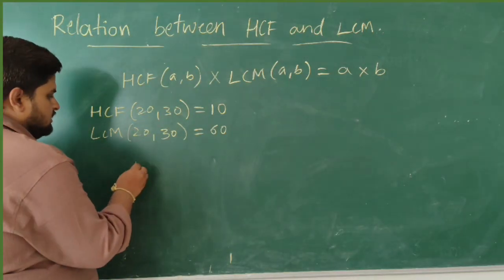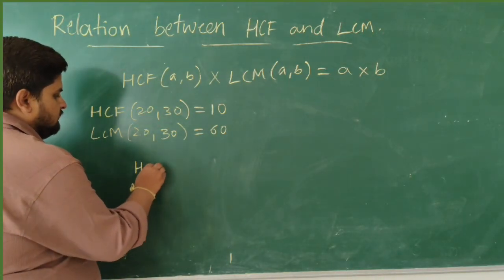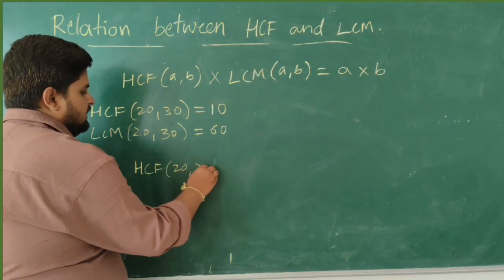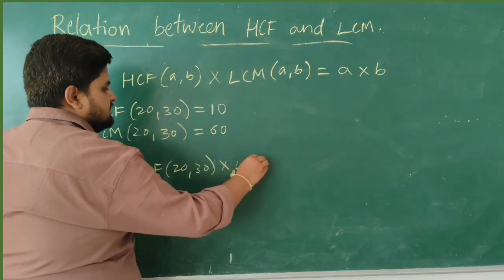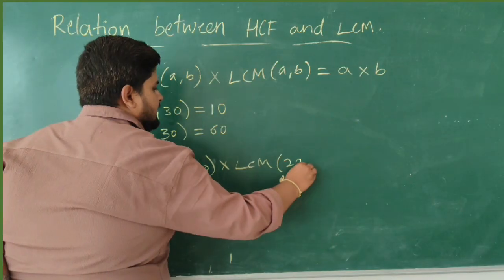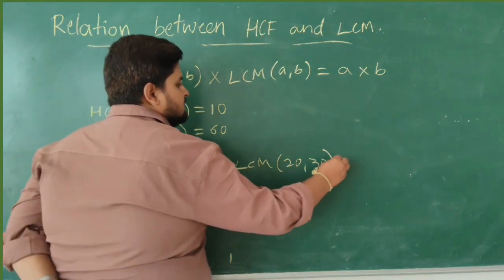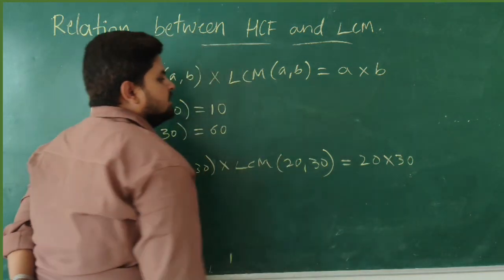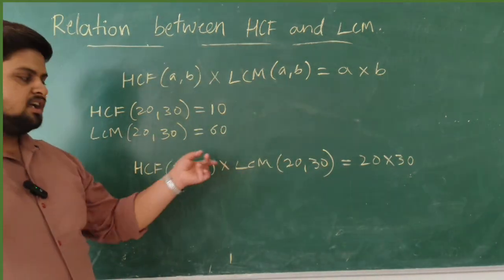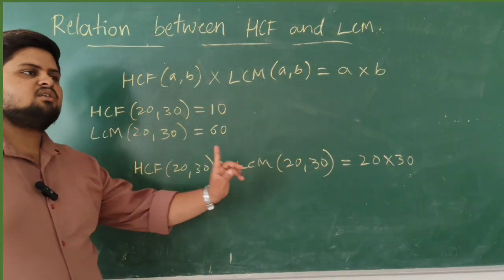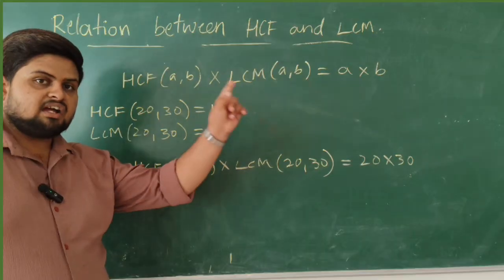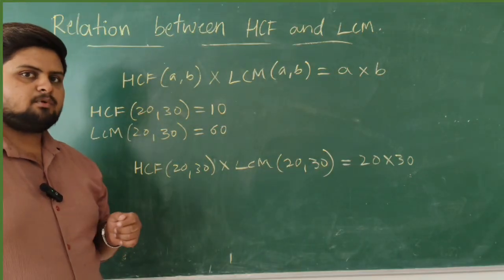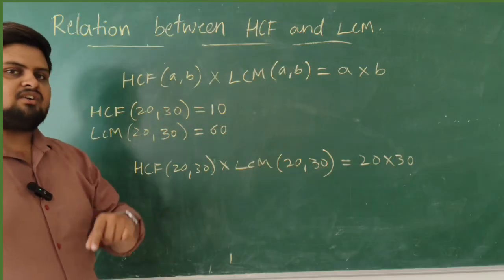So we know that HCF of 20 and 30 multiplied by LCM of 20 and 30 must be equal to the product of 20 and 30. If in this relation the LHS of the equation is equal to the RHS, then we have solved the problem correctly, or else there is a mistake in our problem and we should check it once again.